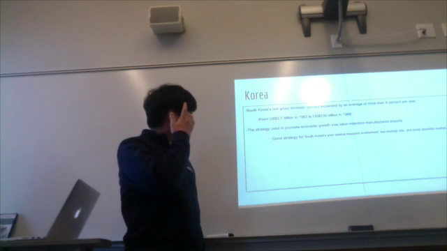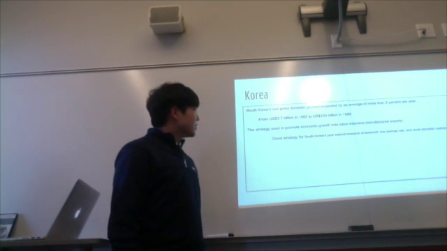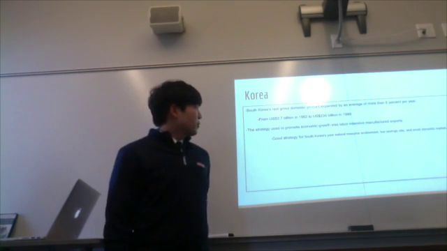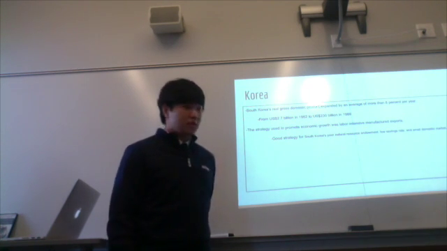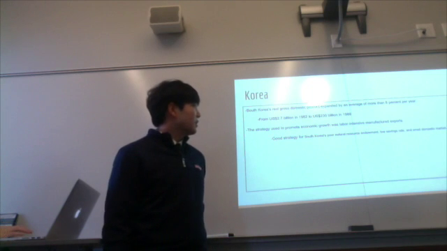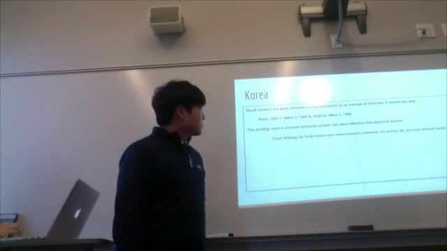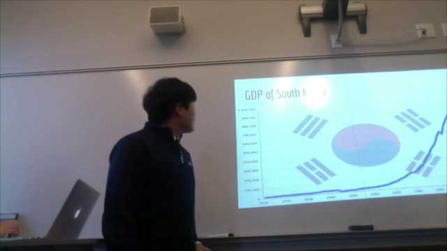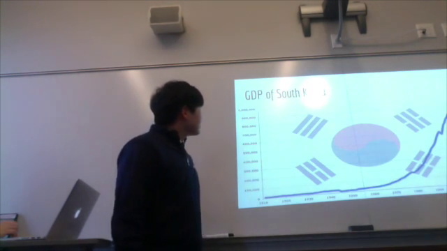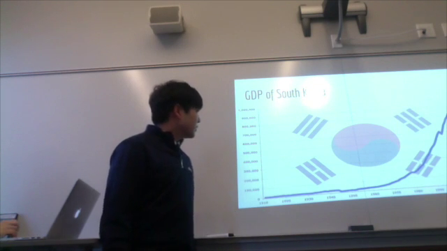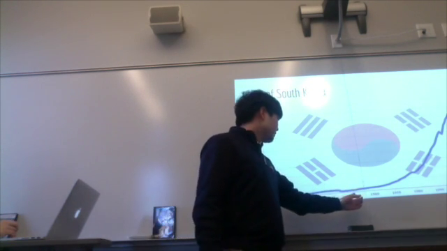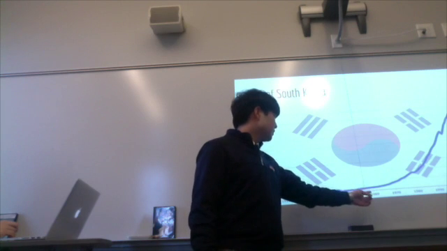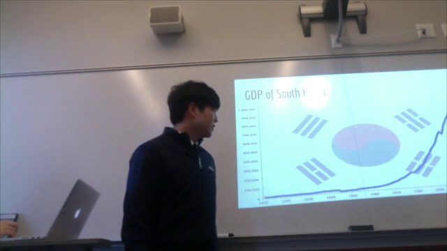This was a very good strategy for the country to use considering their poor natural resource endowment, low savings rate, and small GDP or small domestic market they had. And this is a graph of the GDP, and you could see that it slowly rises since the 1950s, but it starts to rapidly increase since the 1970s and 1975.